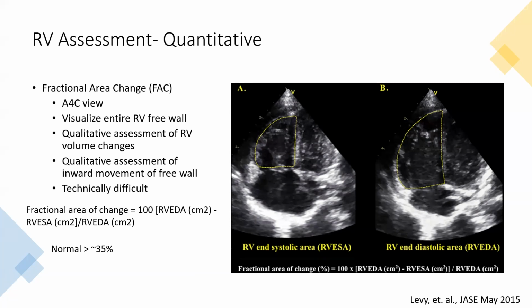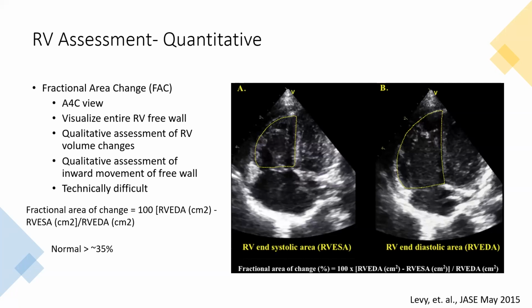But to assess fractional area of change, you get that view and then use freeze at the largest and smallest dimension of the right ventricle. So largest is going to be the end diastolic area. You trace that using the function on your ultrasound machine, and then freeze again at the smallest dimension, which is the end systolic area.